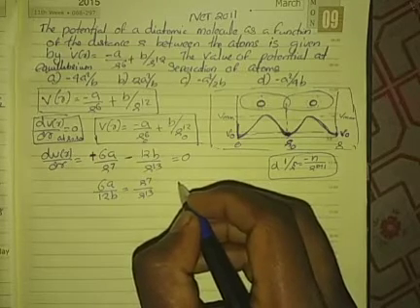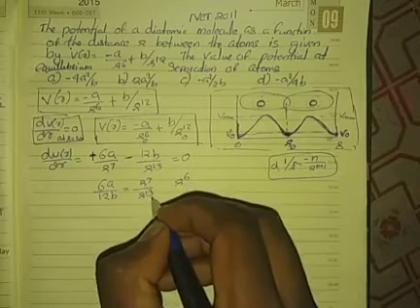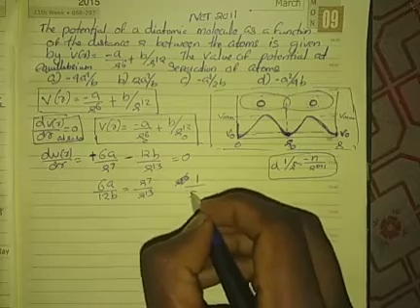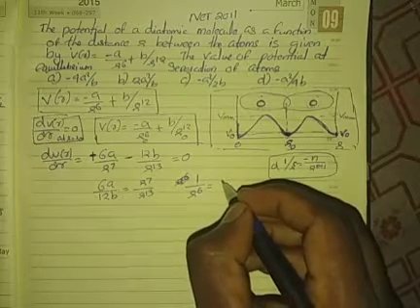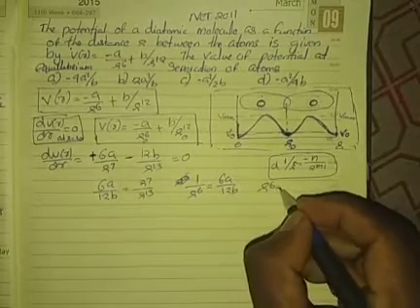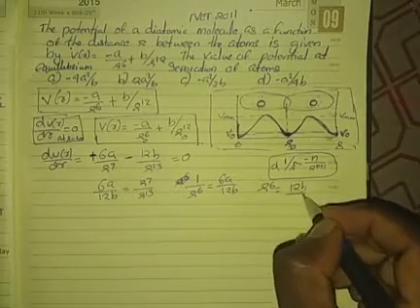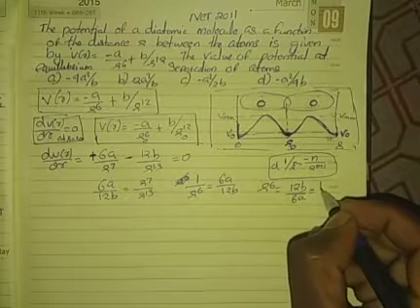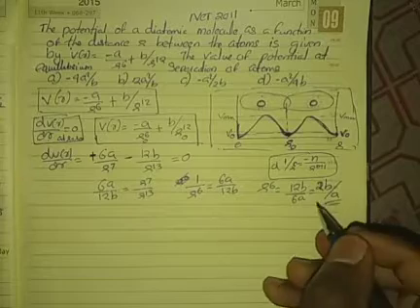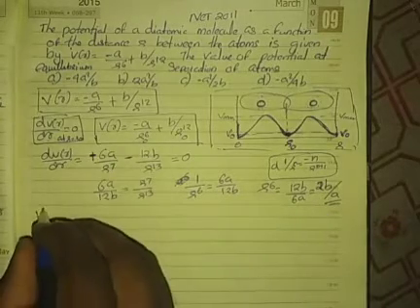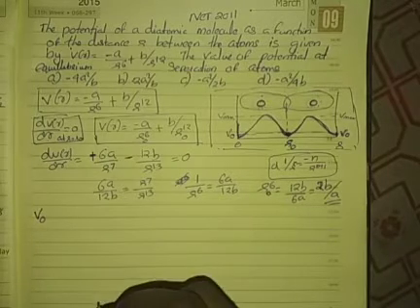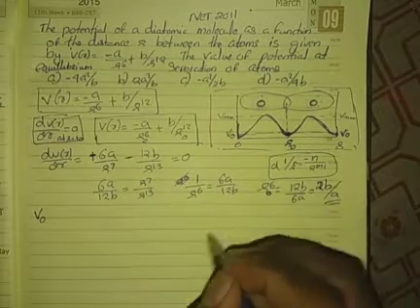So 1 by r raised to 6 is equal to 6a by 12b. So r raised to 6 is equal to 12b by 6a, which is equal to 2b by a. Right, so we got r raised to 6. Now at equilibrium, r is equal to r0, so r0 raised to 6 is 2b by a.